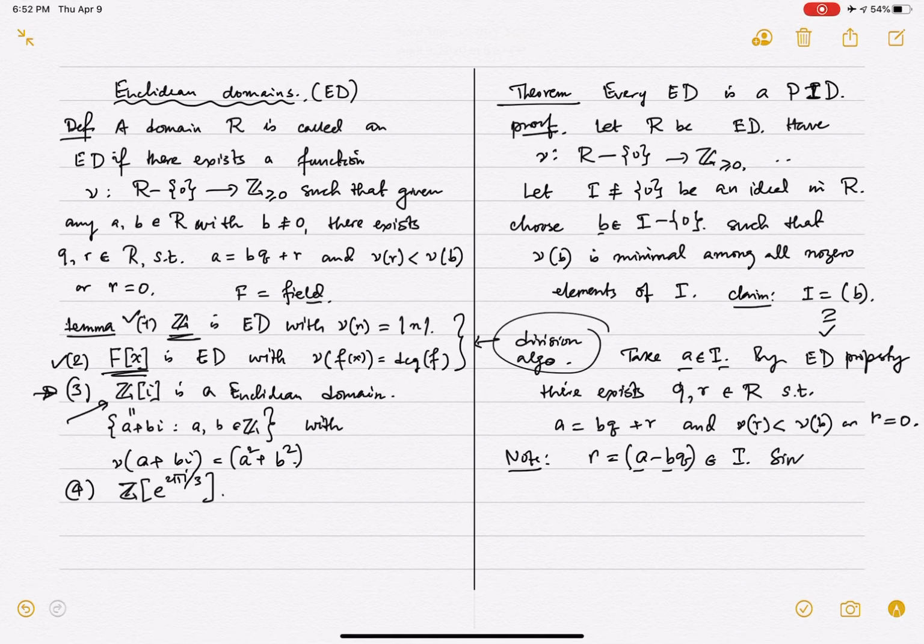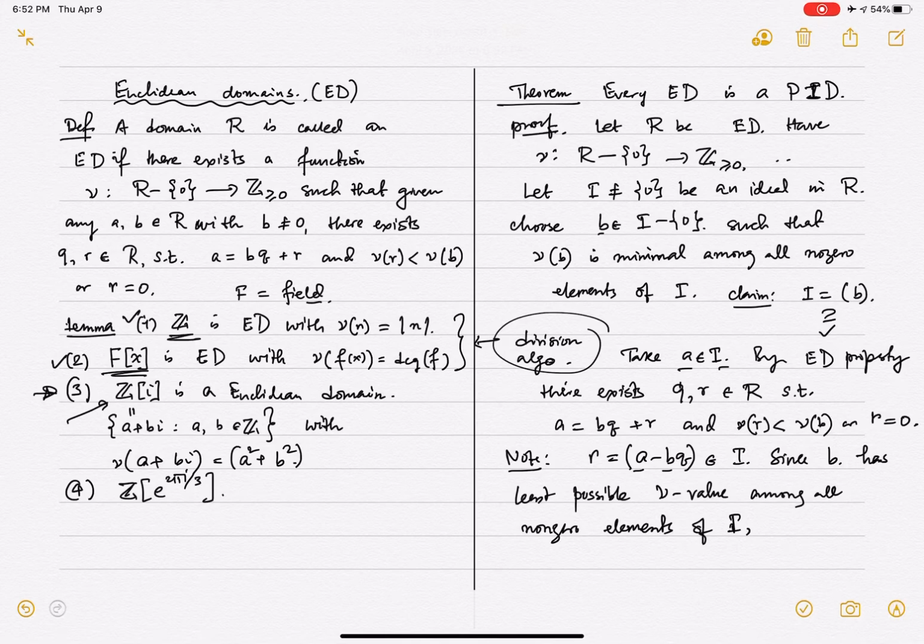Since B has least possible nu value among all non-zero elements of I, we cannot have R non-zero.